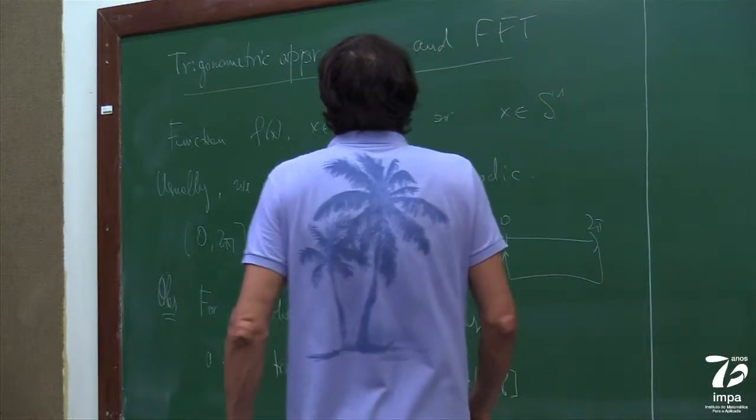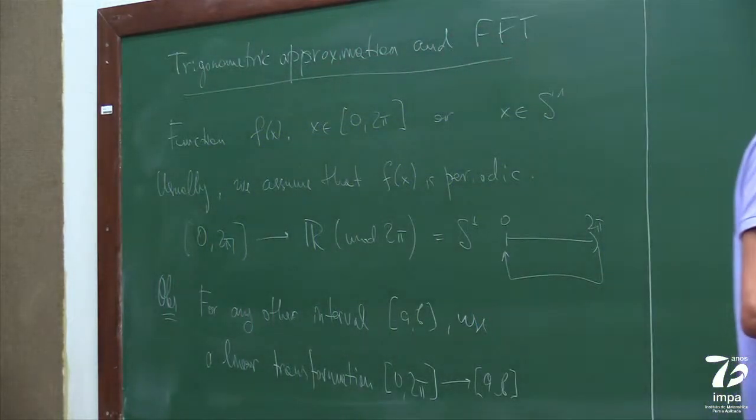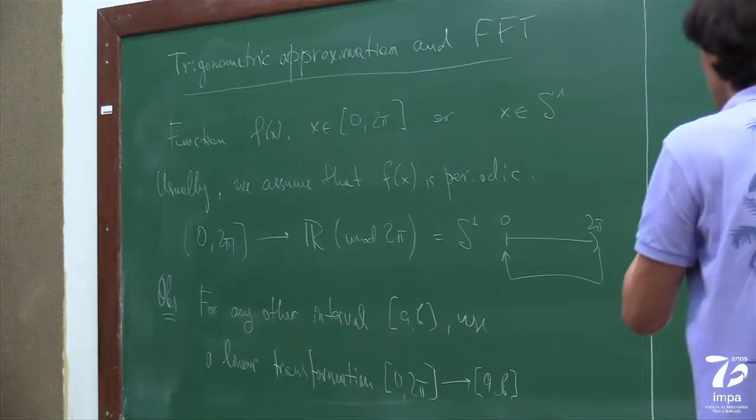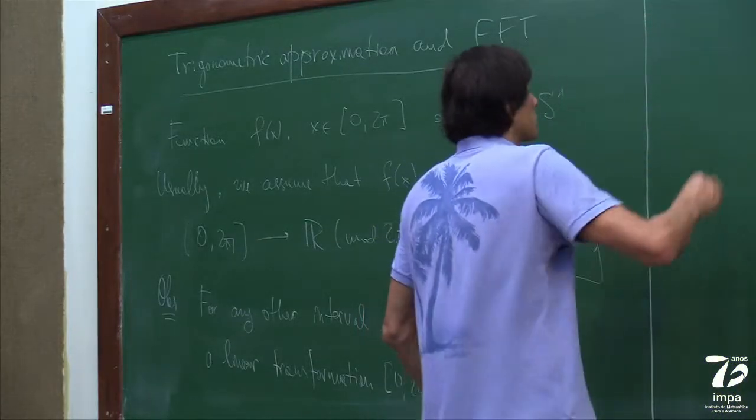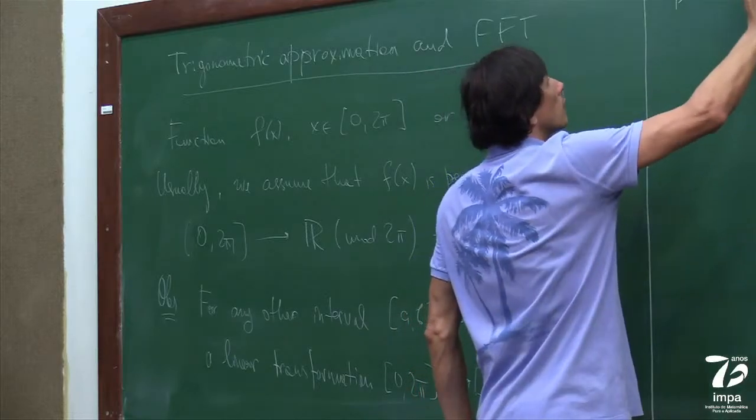So the trigonometric approximation, and in principle the Fourier series for any function of this kind, is given by basis functions.